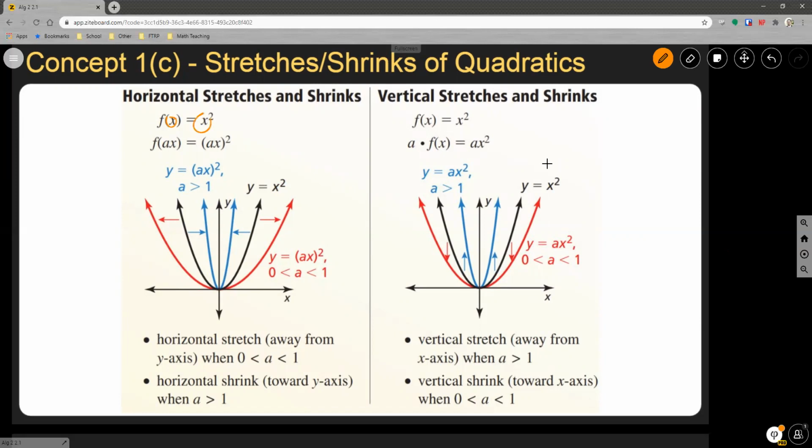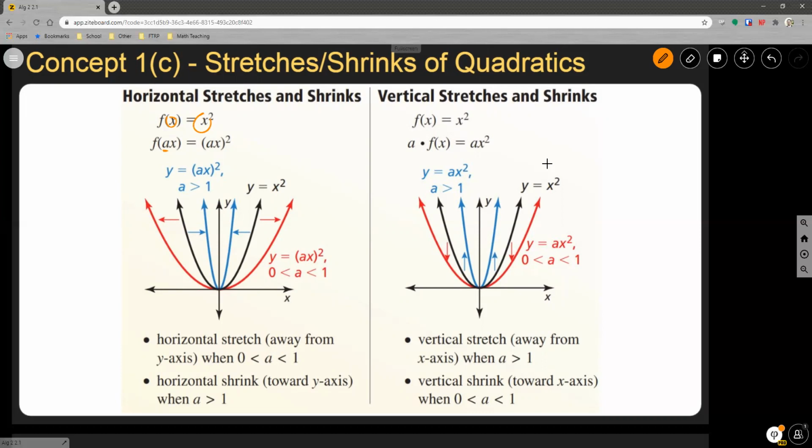The x is my input, so if I'm stretching it or shrinking it horizontally, that means I'm multiplying it by some value a before I even square it. And remember, everything's weird and backwards with horizontal stretches and shrinks. So if I want to shrink it horizontally, which would be this blue graph here in the middle, everything's coming in from left to right, it's shrinking. That means my a value is going to be greater than 1.